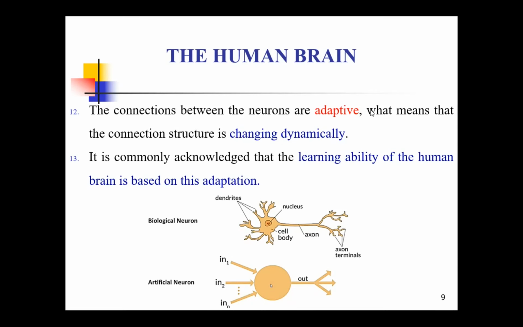Then we have the axons. The axons provide the output. Depending upon the electrical impulse, it stimulates the neurotransmitters. So that is my output. Then we have the axon terminals. So these outputs will be an input to other networks also. This is how we relate biological neurons with artificial neurons.